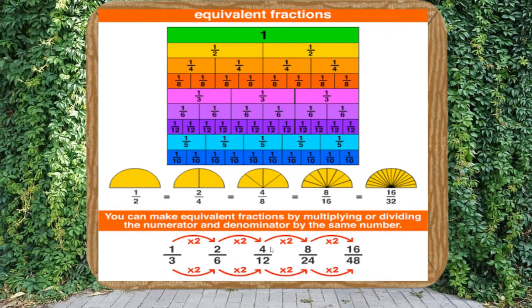And then if we multiply the numerator and denominator again, we get 8/24. And if we multiply it yet again by 2, the numerator and the denominator, we get 16/48, making all of these fractions equivalent to one another.